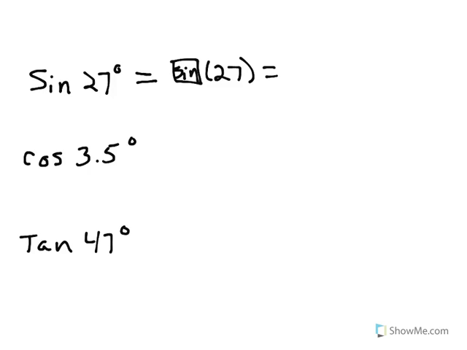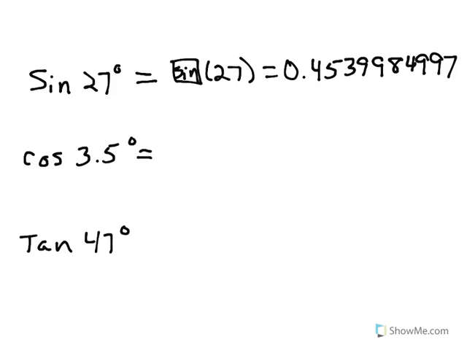So sine 27 equals 0.4539984997. Read your problem carefully to see if they are asking you to round off to a specific decimal place.